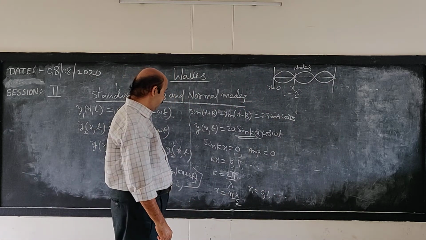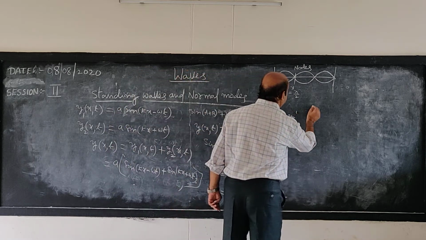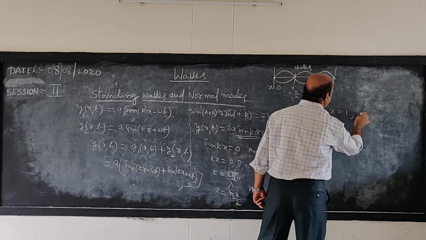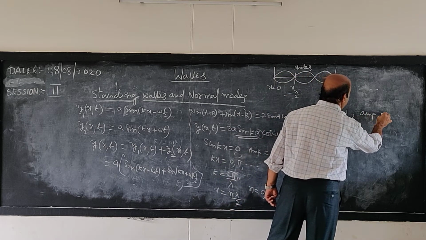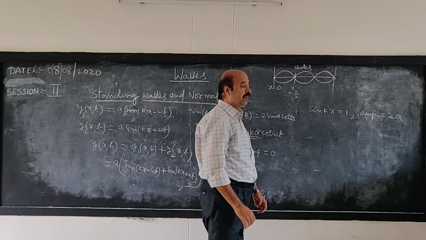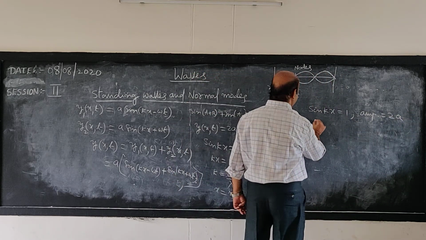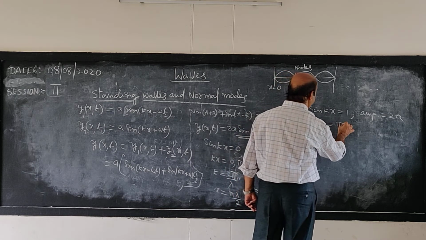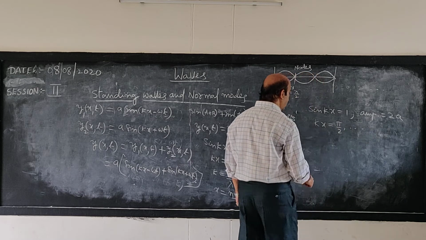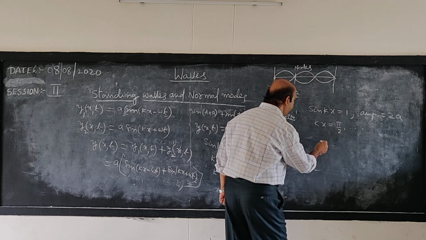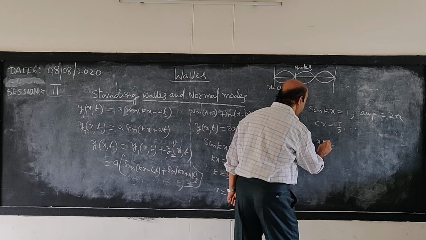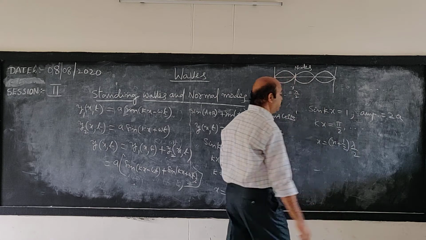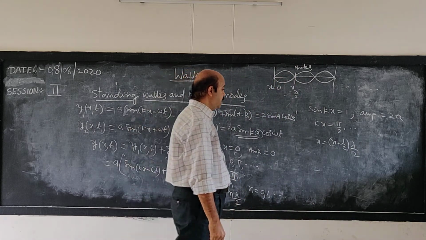Similarly, if you have the displacement maximum, that is, sin(kx) is equal to 1, the amplitude will be 2A. For such cases, kx must take values π/2, and so on. In terms of wavelength, x should be equal to (n + 1/2) λ/2.